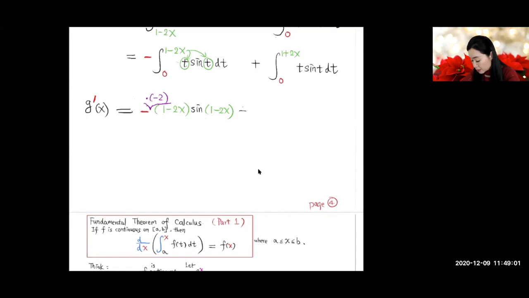Then plus, it's similar. We differentiate this, so we replace this t here by 1 plus 2x. By the chain rule, we have to multiply this by the derivative of 1 plus 2x, which is 2. So put a 2 in front, okay?